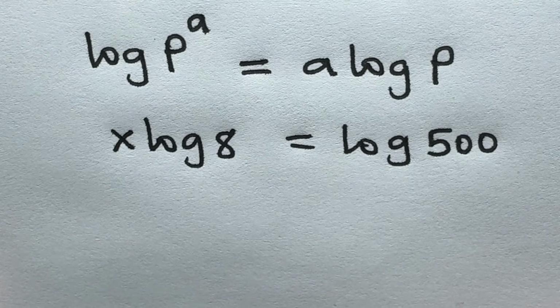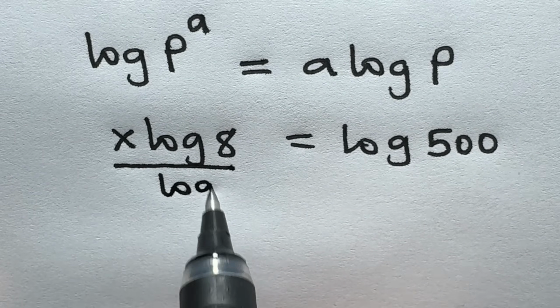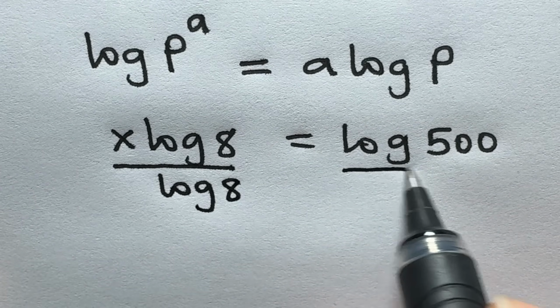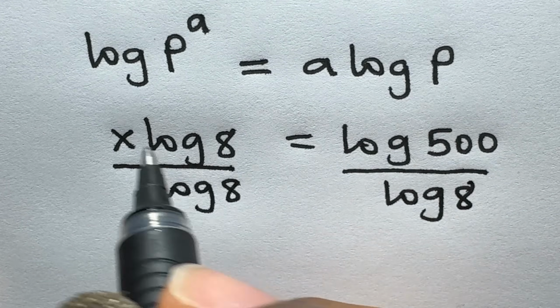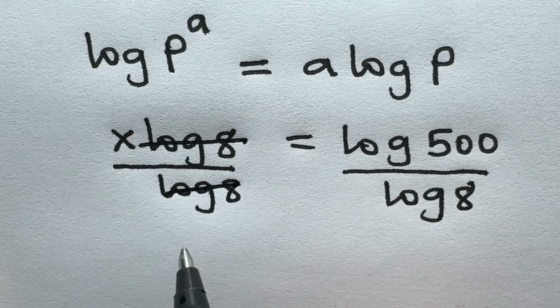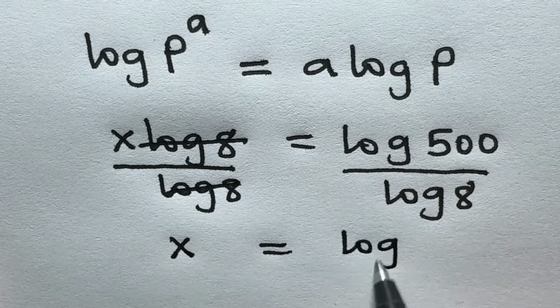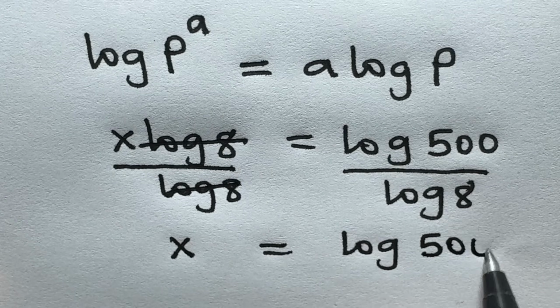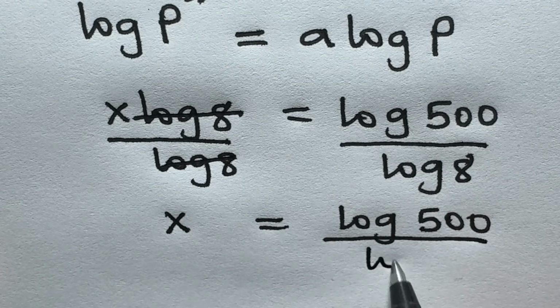Then I'm going to divide both sides by log 8. So that log 8 cancels log 8 here, and then we have x is equal to log 500 divided by log 8.